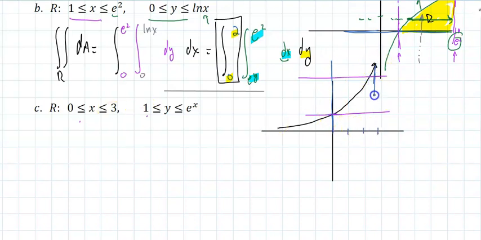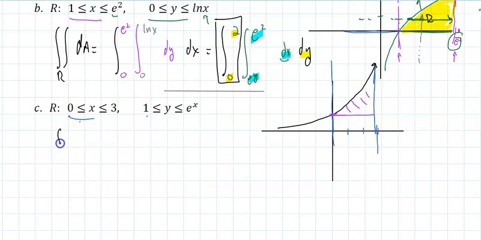So which region do you think we're talking about? If you look at the x first because you're used to it, let x run between 0 and 3, that's this rectangle. But y runs from y equals 1, right there, to y equals e, right there. So we're talking about this region.